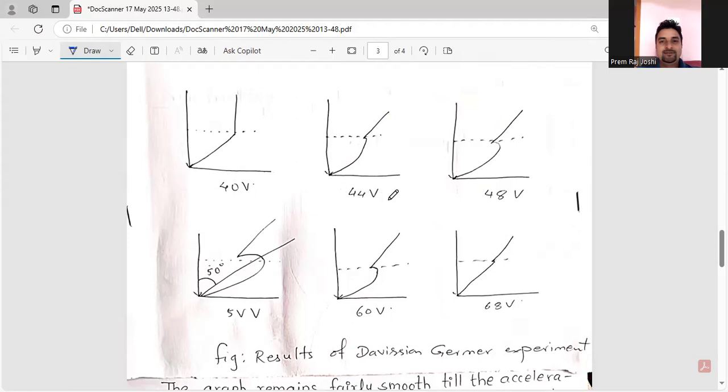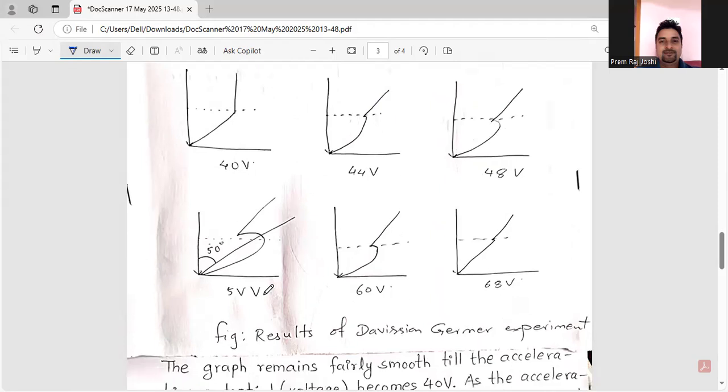As we increase the accelerating potential, this bump or spur, as it is also called, increases in length, and we see that at a potential of 54 volt and an angle of 50 degrees, this spur is maximum in amplitude. On further increasing the accelerating voltage, the spur decreases again.